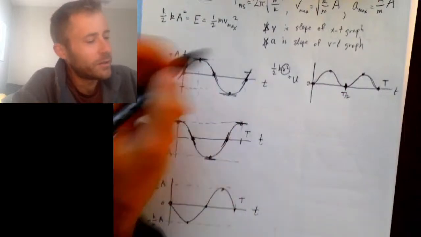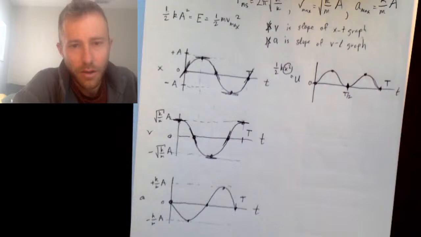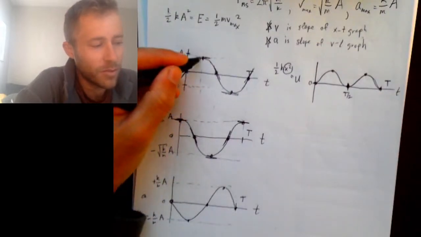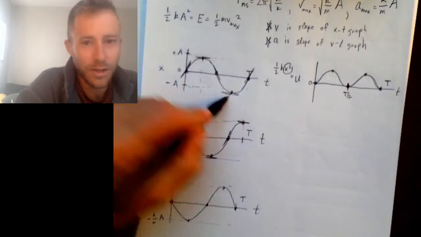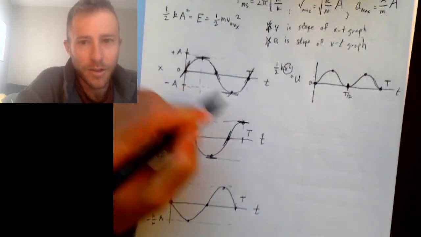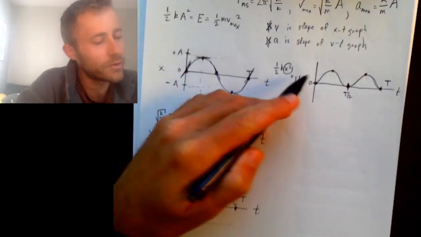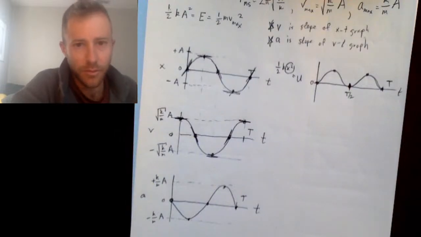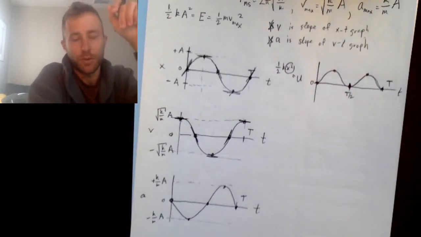So we get 2 maxima in the same amount of time for the potential energy graph. Why is that? It's because you have the most potential energy when you're at plus A, and then you also have full potential energy when you're located at minus A. So in a single period, you get to full potential energy 2 times. So you get 2 bumps. All right, so that is an important point that's going to show up in your quiz for today.